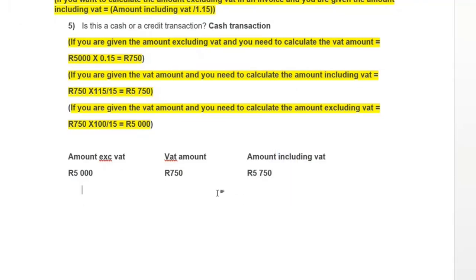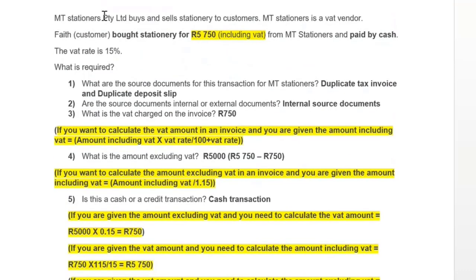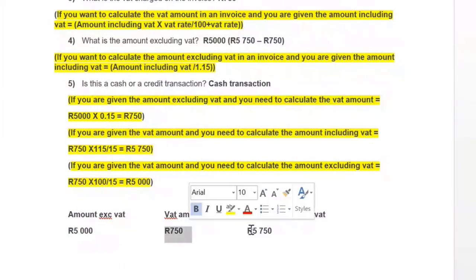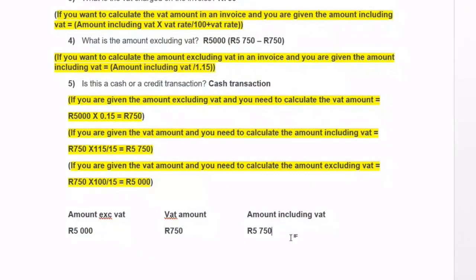On that 5,750, 5,000 is a sale for MT Stationers. 750 needs to be paid to SARS. And this is the total invoice amount.